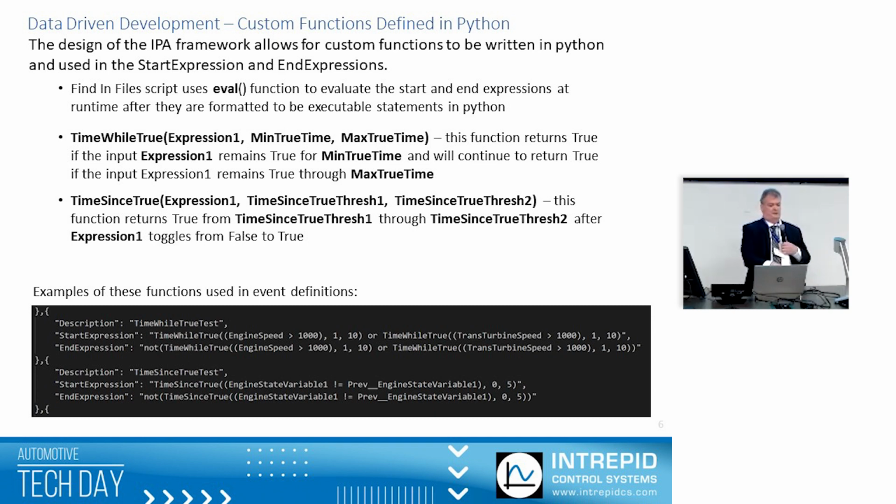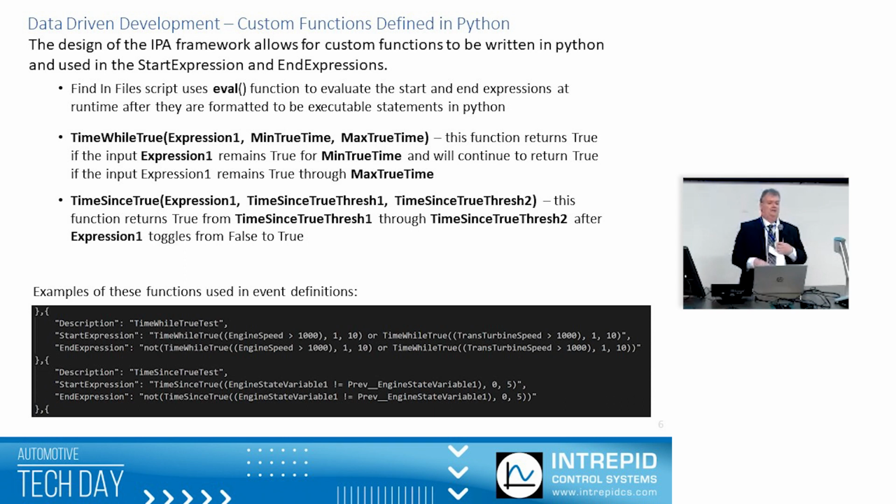And then time since true is similar to time while true, but it only looks at the toggle of the state in expression one. So if you want to look for an event that happened within 30 seconds after an engine start, you might describe the engine start in expression one, and then have your min time be 0 and your max time be 50, and then that would be true 50 seconds after the start.